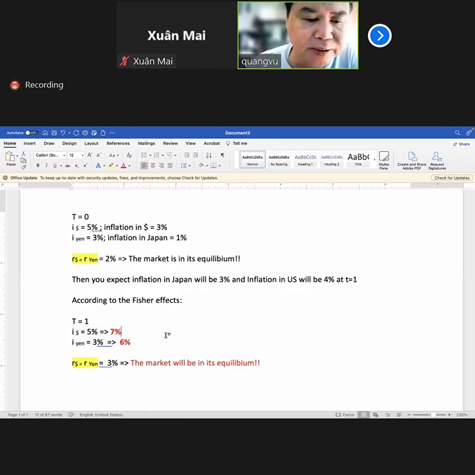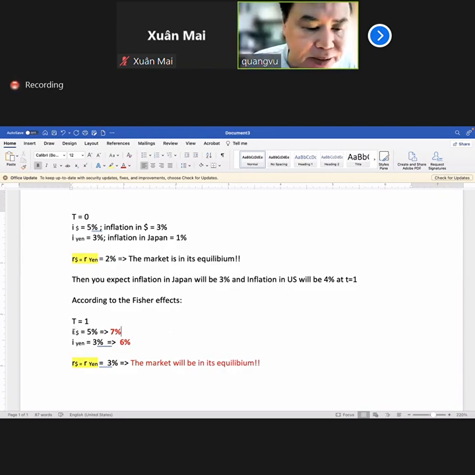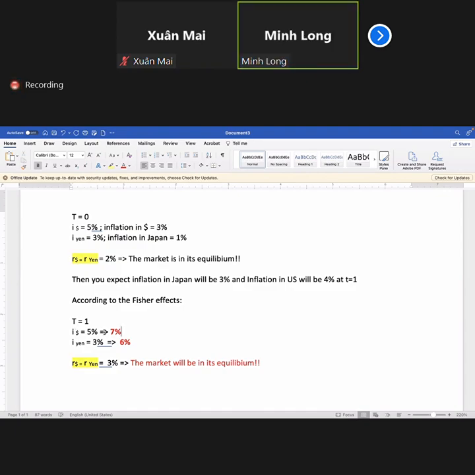Yes. Okay. Yes, back to you. You have a question, right? Go ahead. I have a question. The 7% is the real rate or what rate here? 7% here is a nominal rate. Small i, the small i is denoted for nominal rate.